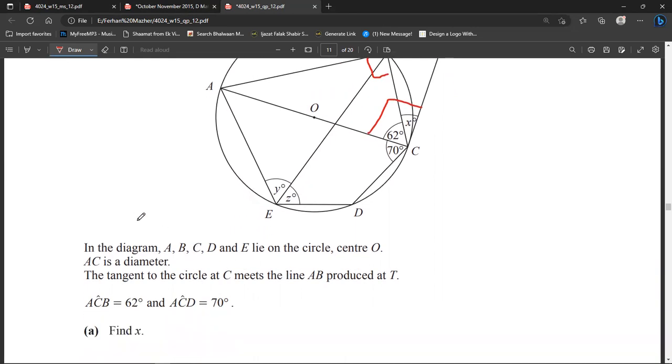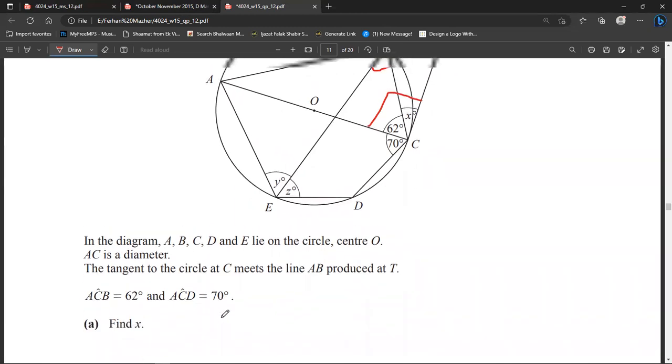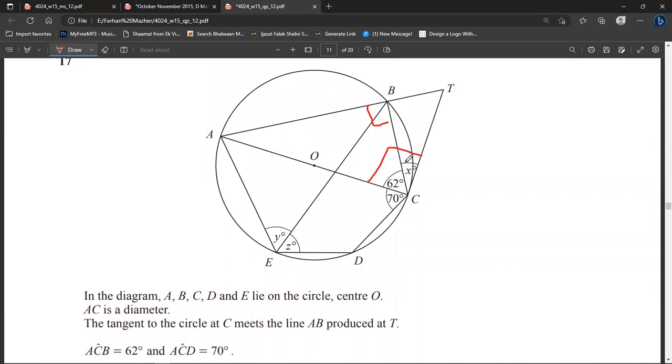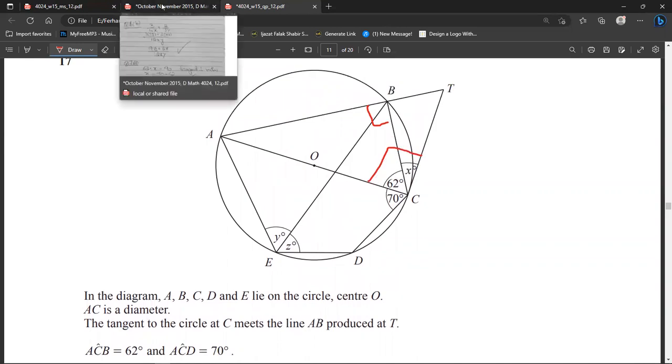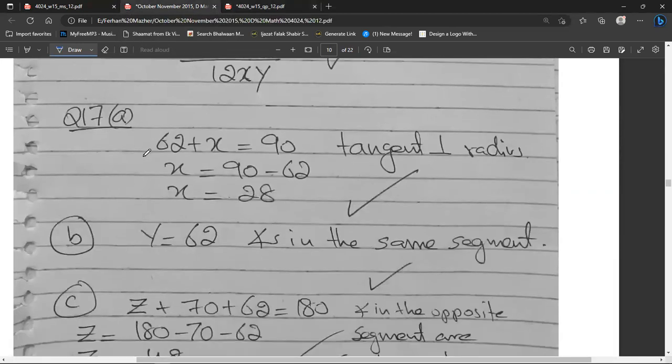Then their question: ACB is 62, and ACD is 70, and they want me to find the value of x. X can be very easily found. 62 plus x is 90, because the tangent is perpendicular to the radius at the point of tangency.